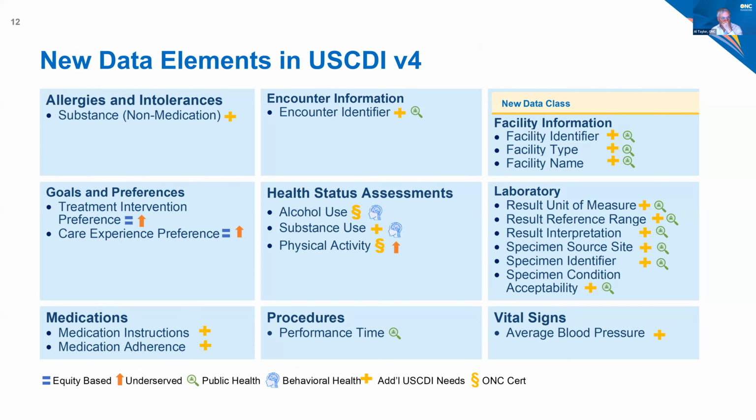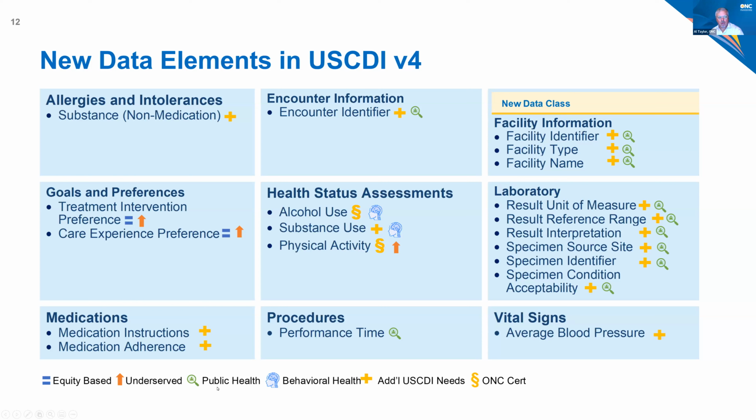These are the 20 data elements that we added in USCDI version 4. It included one new data class on facility information. It also included continued expansion of the medications data class and the laboratory data class, and added several new health status assessments.